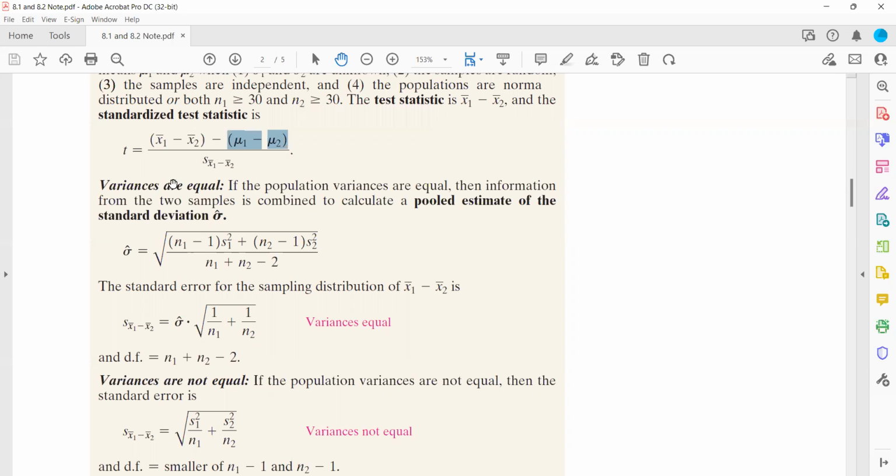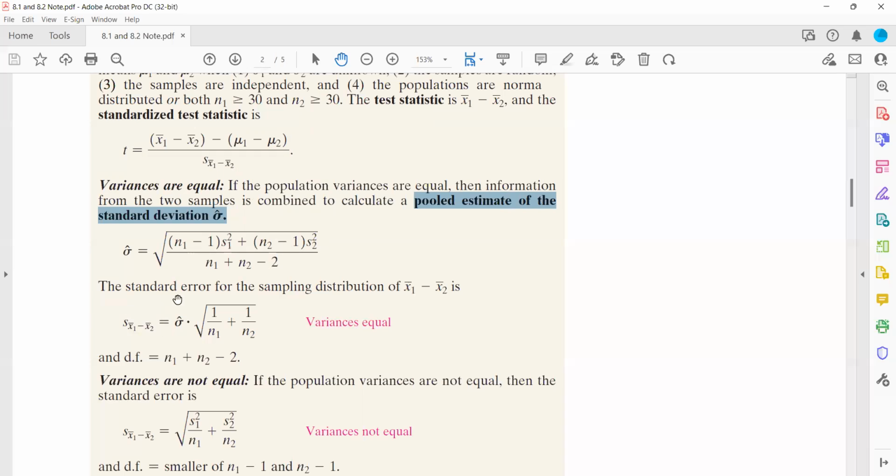Now for the standard error, if the question says, hey, variances for the populations are equal to each other, you're going to calculate a pooled estimate of standard deviation, sigma hat. What is that? It follows this formula. Sigma hat is equal to the square root of n1 minus 1 times s1 squared plus n2 minus 1 times s2 squared, divided by n1 plus n2 minus 2.